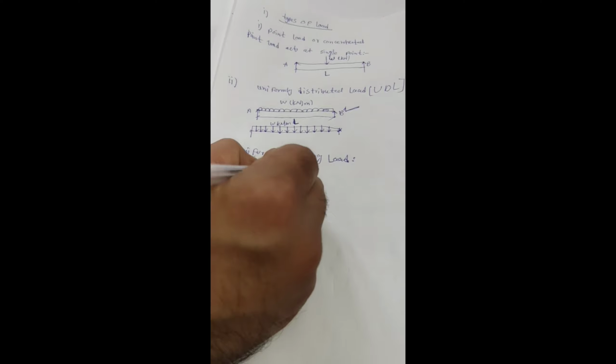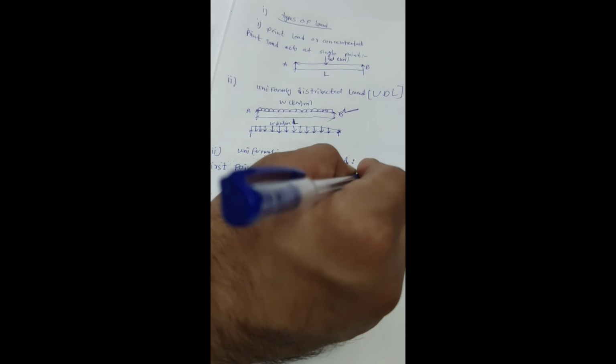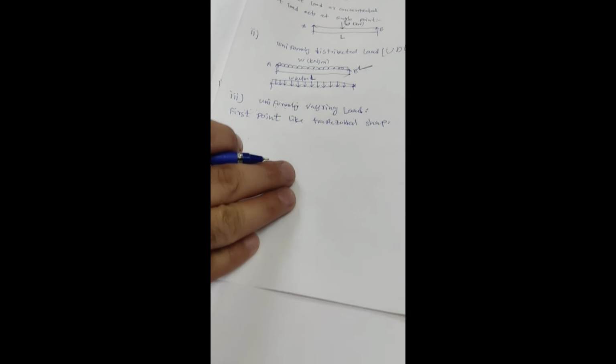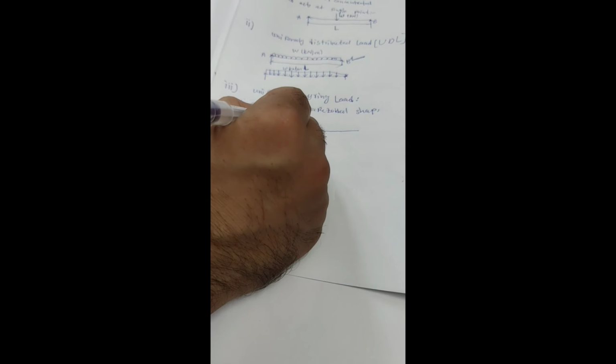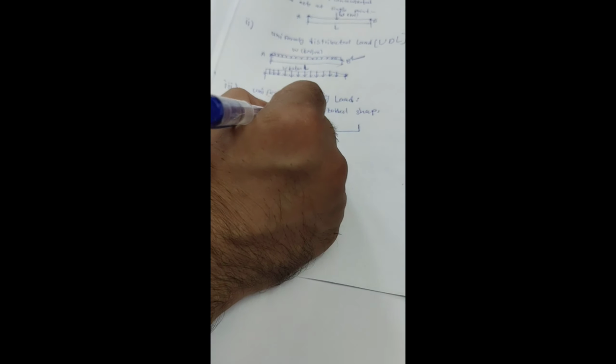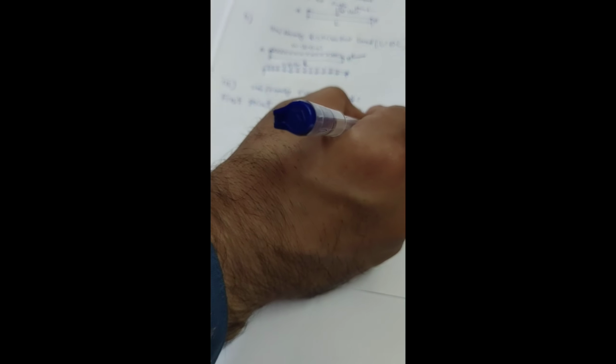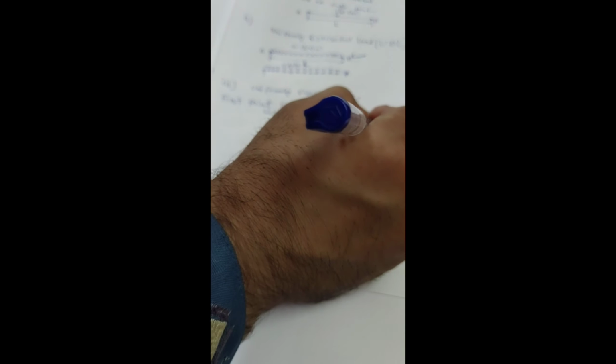First, the trapezoidal shape. How? Suppose I have a beam, with loads W1 and W2.